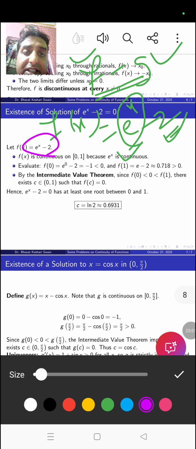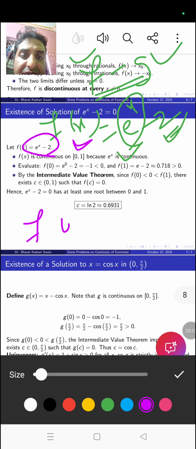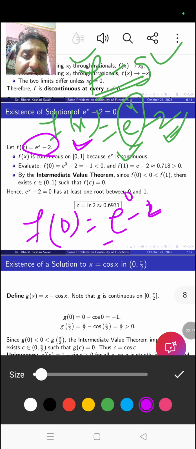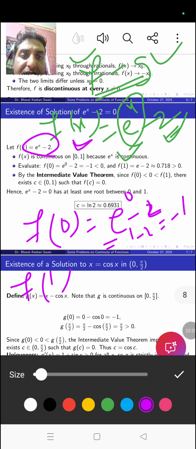Since it is continuous, we have to check the given interval, which is 0 to 1. Find f of 0. f of 0 means e to the power 0 minus 2, which is 1 minus 2, that is minus 1. Then find f of 1, because the endpoints of this interval are 0 and 1.